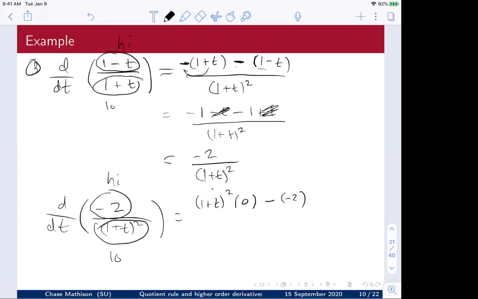D low, we don't technically have the tools to deal with 1 plus t squared as it's written right now. How can I take the derivative of 1 plus t, the quantity squared? Chain rule? Yes, but we're going to learn that at the end of class.